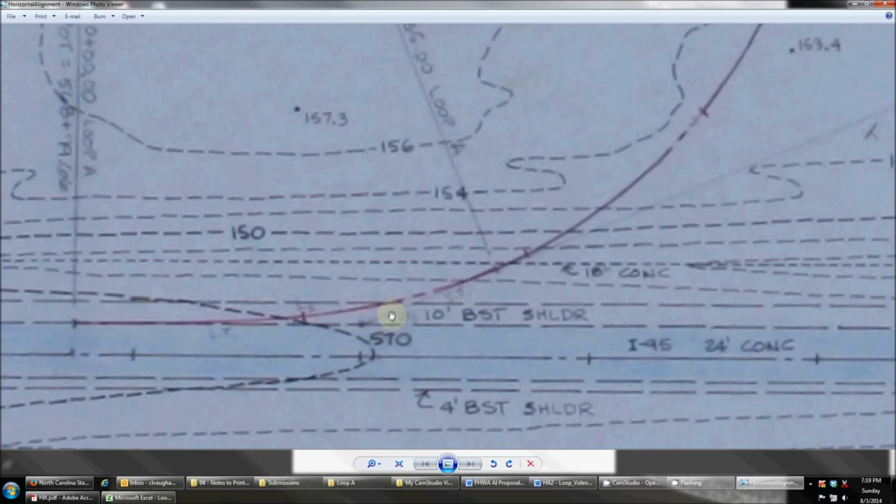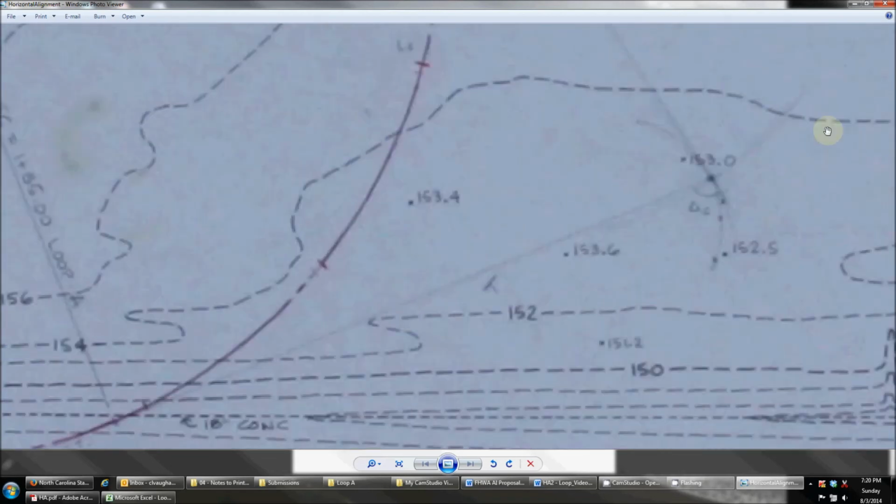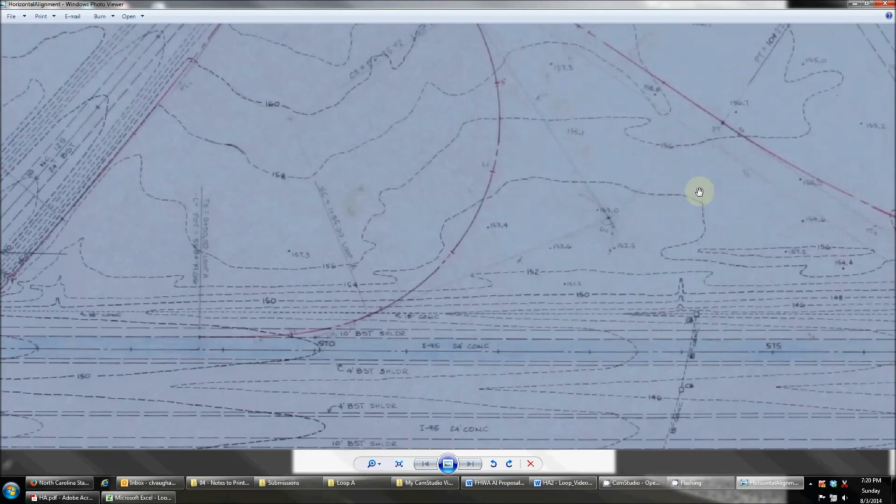Measure this angle in here and draw a line going in that direction. You don't have to draw it too far, but you can extend it as far as you would like, but at least get a line down there.